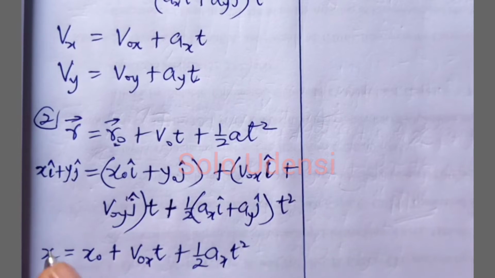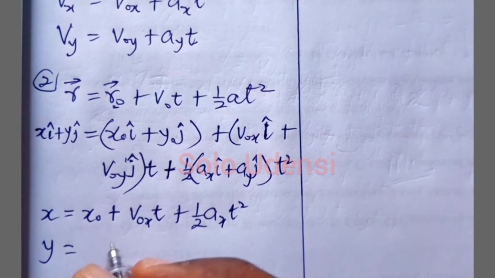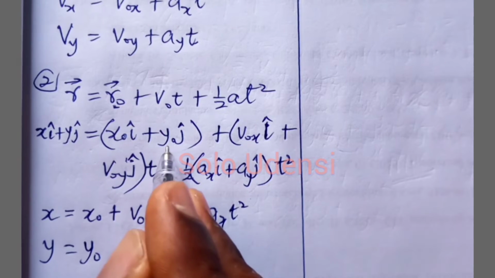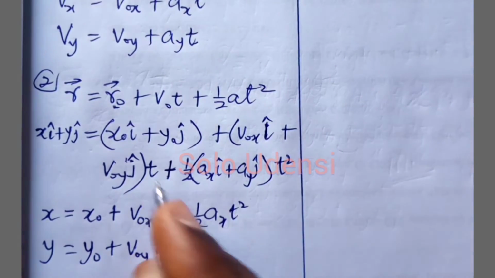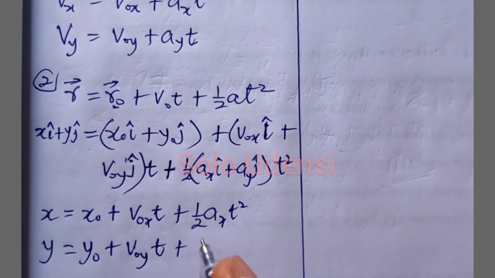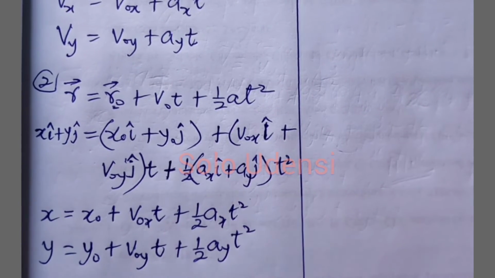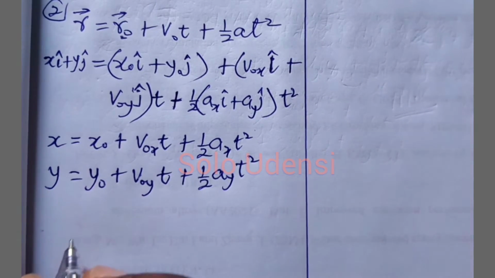This is the i component, while the j component will give us the displacement along the y-axis, which is y = y0 + v0y t + half ay t squared. So that is the second one.